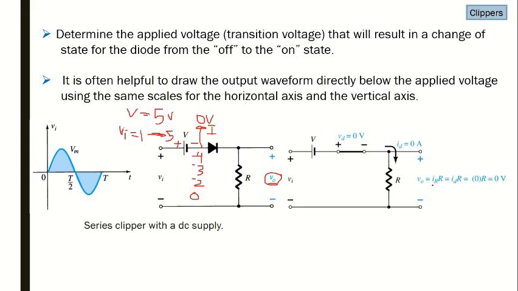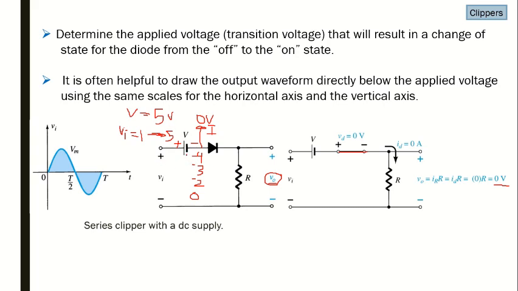So Vo is equal to 0 times R, which is 0 volts. The drop will be 0 volts, but this is connected now. So we must take care of the applied potential and the battery which is connected in series with it.